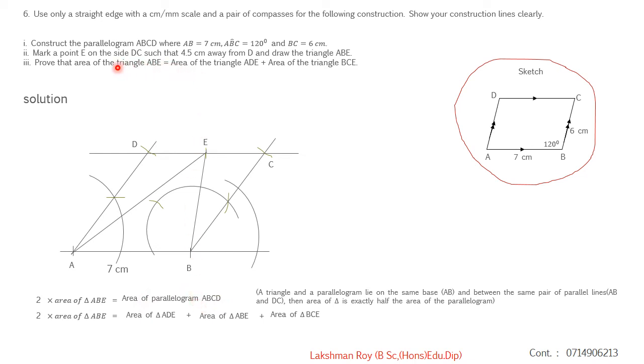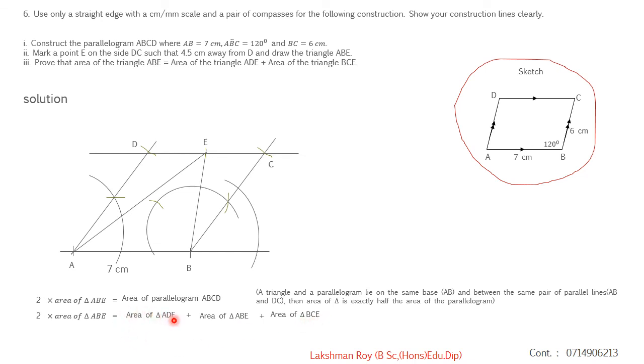Now you can see here, to prove this one, on the right hand side we have the area of the triangle ADE plus the area of the triangle BCE. In the right side, area of ADE triangle plus area of ABE triangle plus area of BCE.